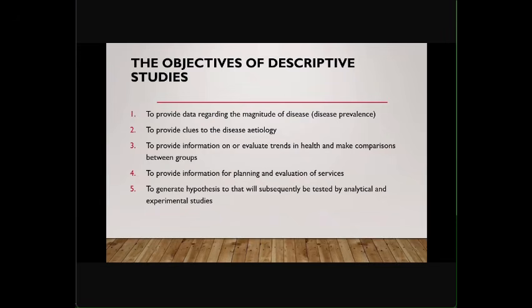So the objective of doing a descriptive study is to provide data regarding the magnitude of a disease, or to provide some clues about disease etiology, which is causation, what led to the disease, some clues, though, that cannot be easy.